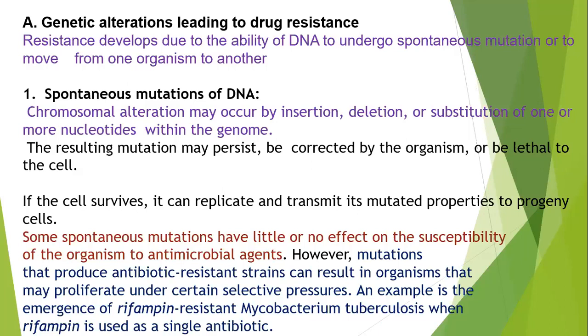For spontaneous mutation of DNA، يعني طفرة تلقائية بالدي ان اي. نعرف الكروموسوم chromosomal alteration may occur by insertion or deletion or substitution of one or more nucleotide within the genome. هذا مثل maybe you study this in biology. التغيرات الكروموسومية اللي ممكن أن تحدث نتيجة insertion أو deletion أو substitution of one or more nucleotide within the genome.